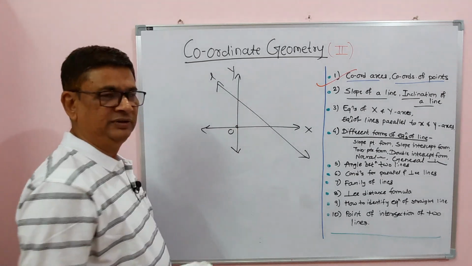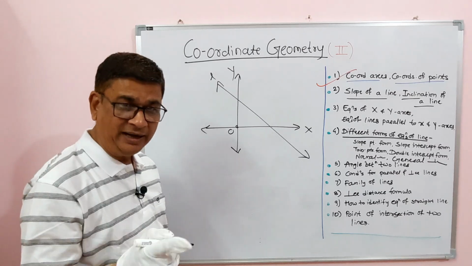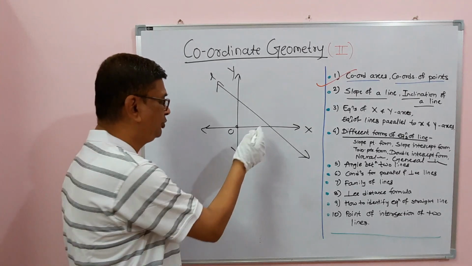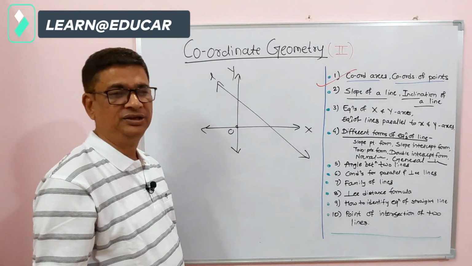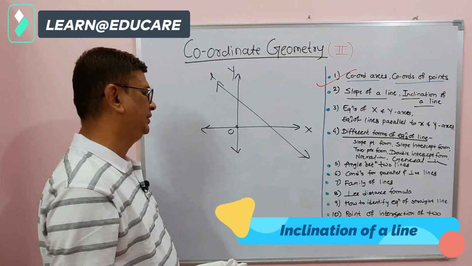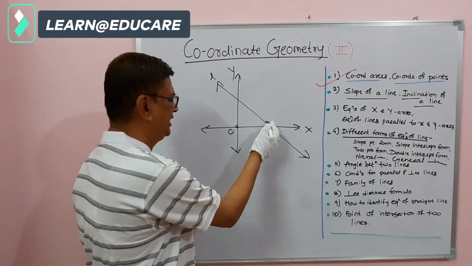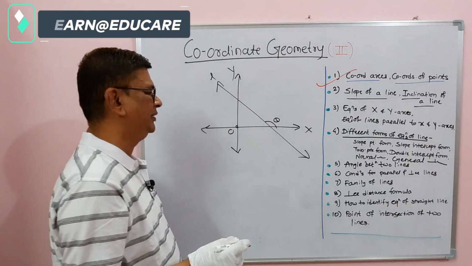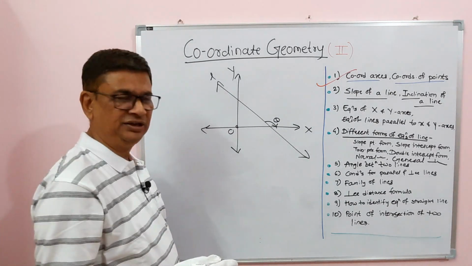Then the angle made, very important concept, listen, the angle made by any line with the positive direction of x-axis is called the inclination of that line. With the positive direction of x-axis, we have this angle theta, and that angle theta we call inclination.